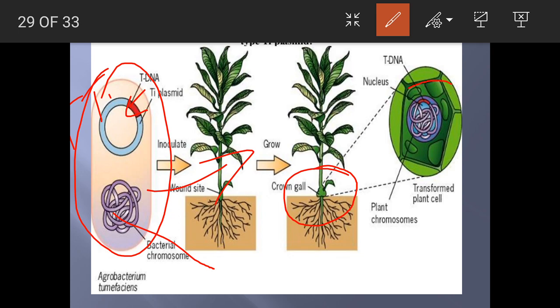So you can find this is the plant cell of this plant, and this is the main genome. This genome is not the genome of the agrobacterium. This is the genome of the plant. Yes, it is given here.